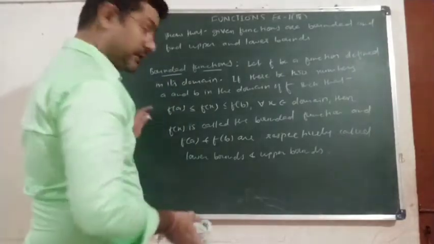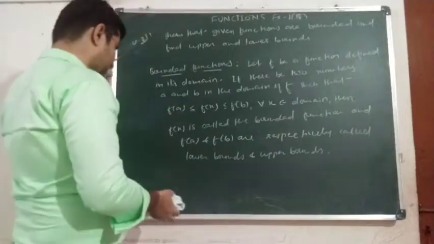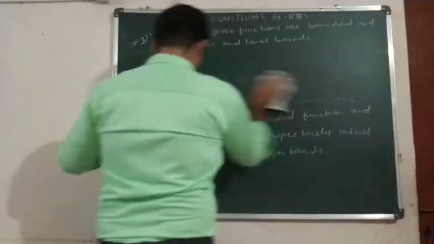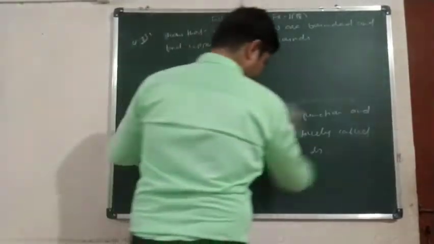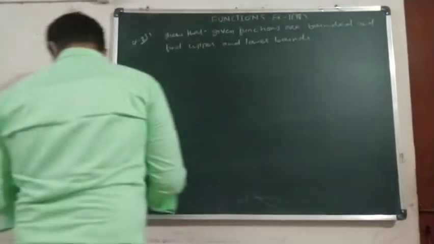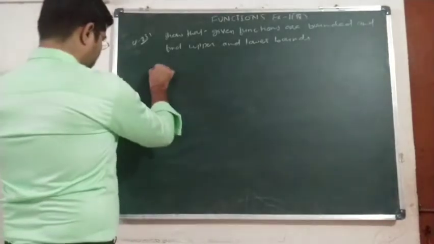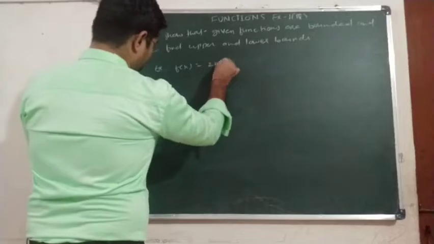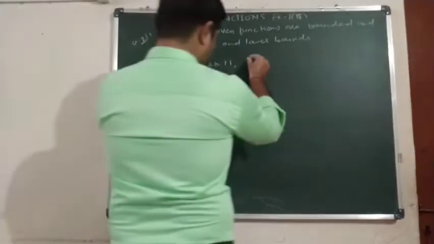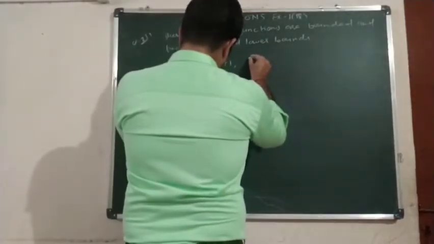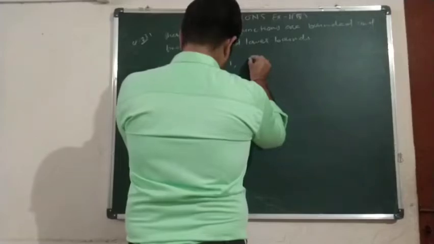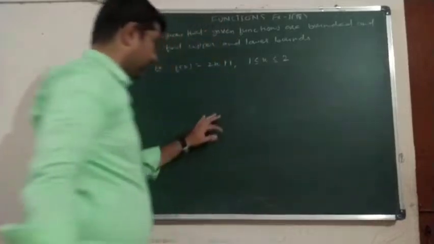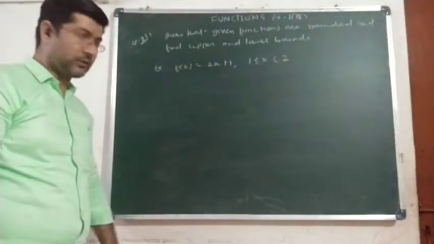Okay, now let us try to understand this fact with the help of one example. Suppose we are given a function f of x is equal to 2x plus 1 and the value of x lies between 1 is less than or equal to x less than or equal to 2.